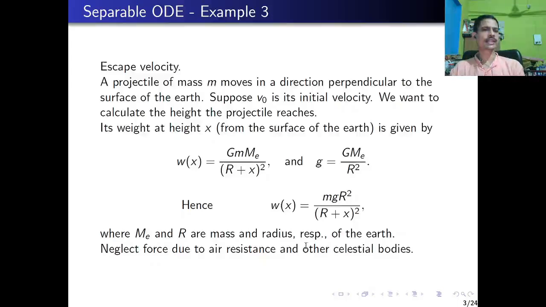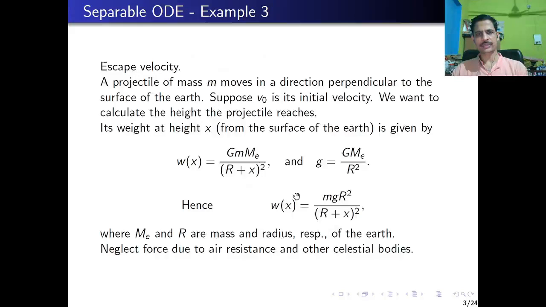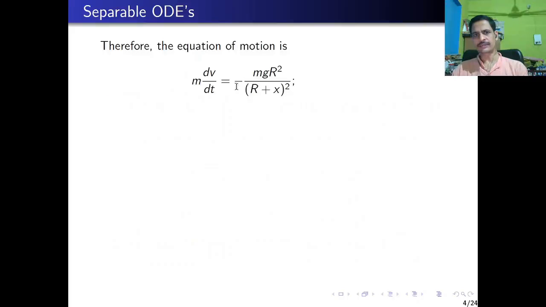So here we neglect the force due to air resistance and other celestial bodies. So the equation that describes the motion is: the mass times acceleration is minus of this weight, that expression for the weight that we got in the previous slide. Now we'll have a negative sign because it is acting in the opposite direction.